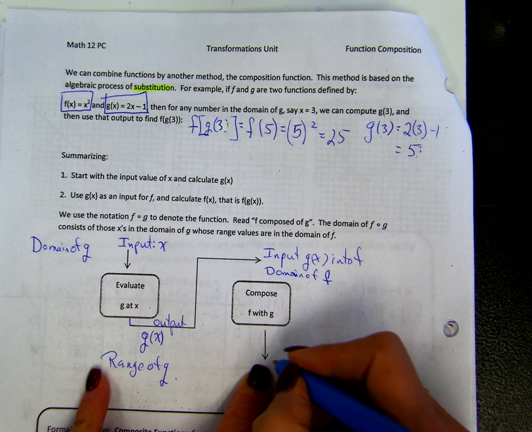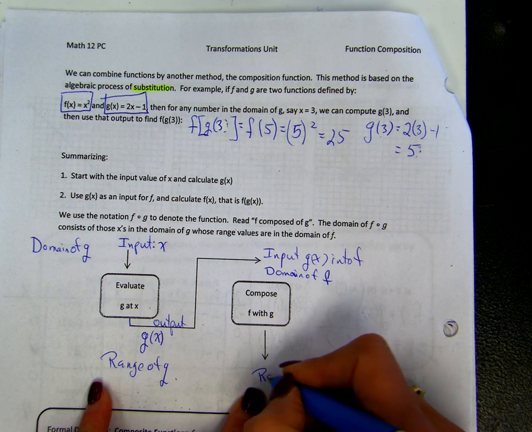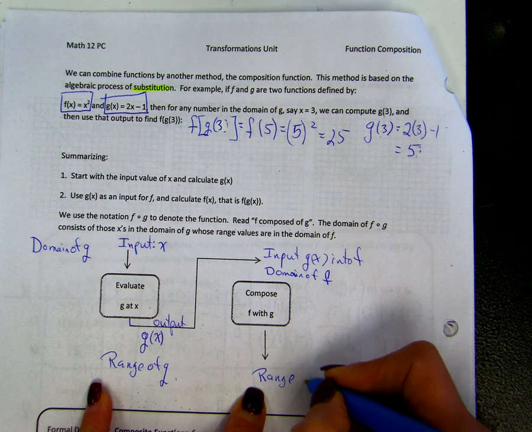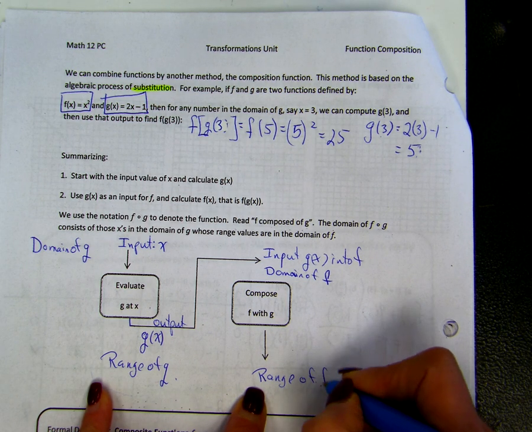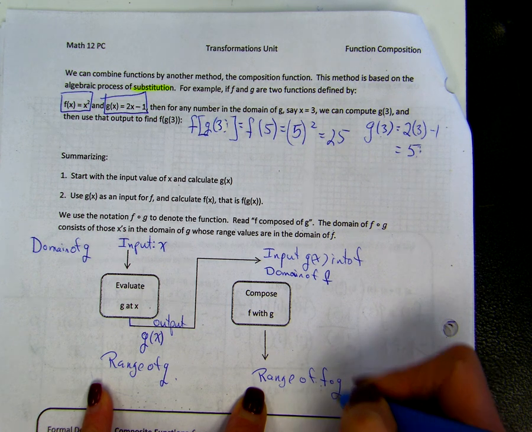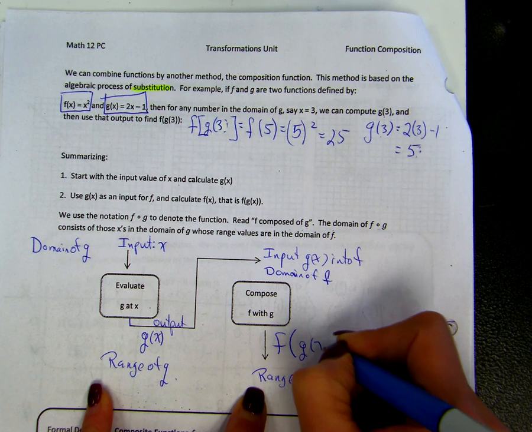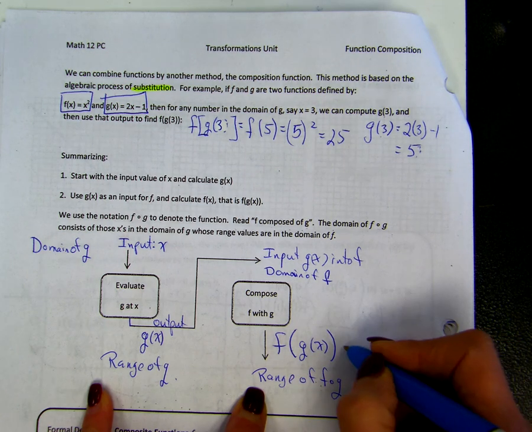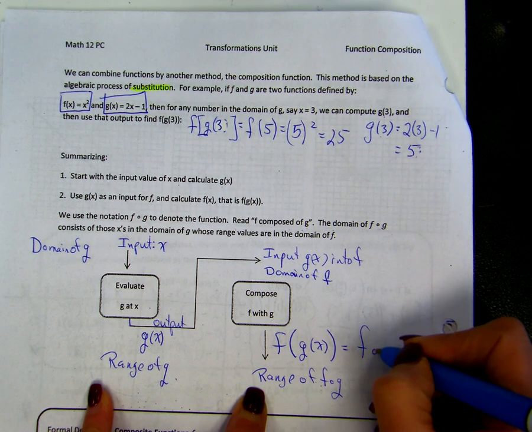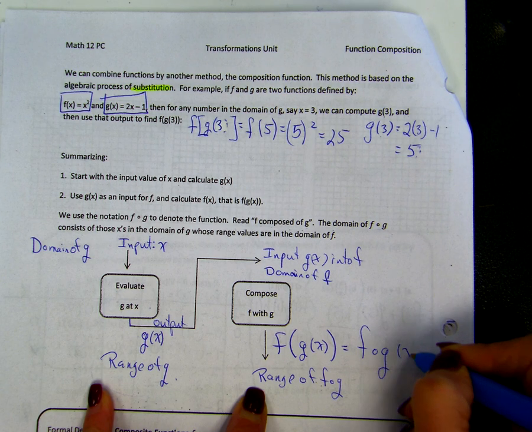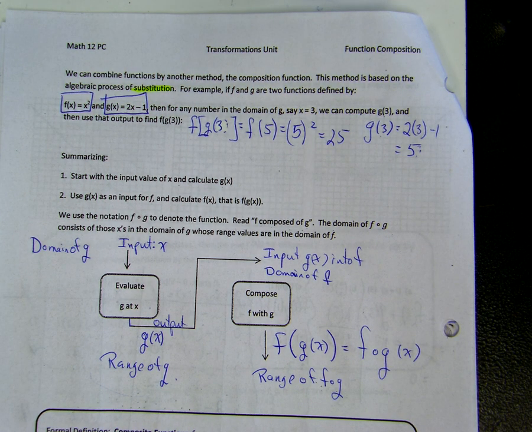What's our final output? The things that come out of here have to be in the range of f composed of g. What comes out of here is f. It acted on g at x. Or we might write it this way, f composed of g at x.